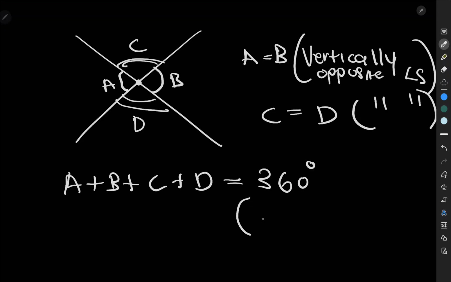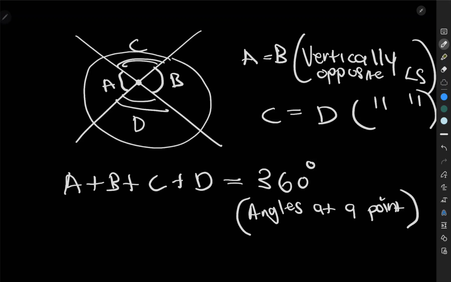And the reason for that is that these are angles at a point. So they are angles at a point, and they go around 360 degrees, okay?